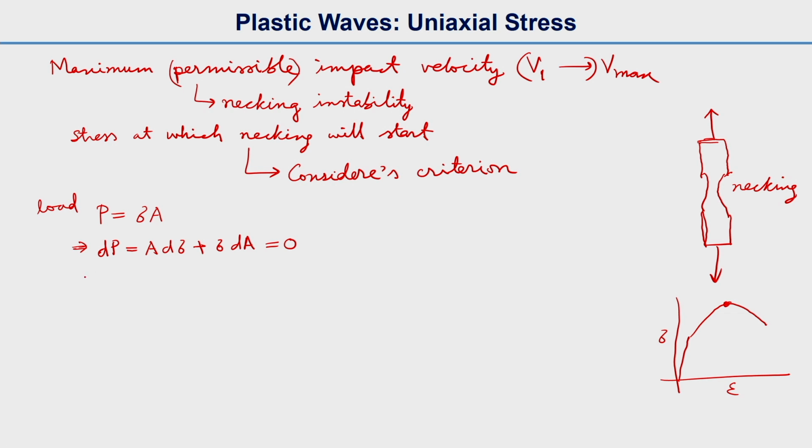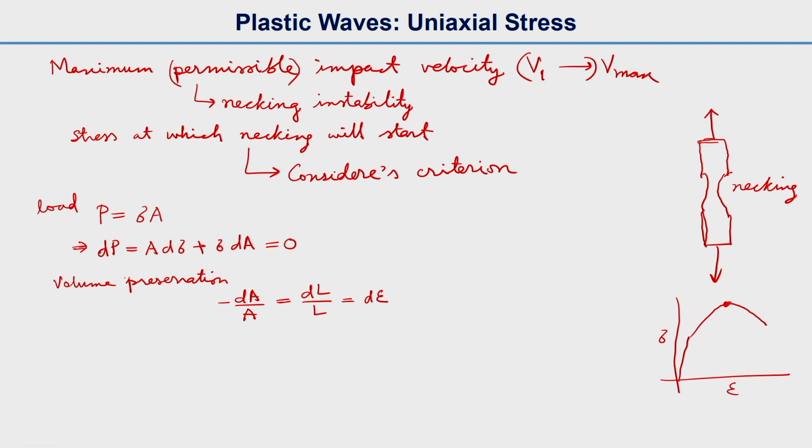Again, from volume preservation, we know that minus dA by A, the cross sectional area, equal to dL by L, is equal to epsilon, the strain, giving us d epsilon.